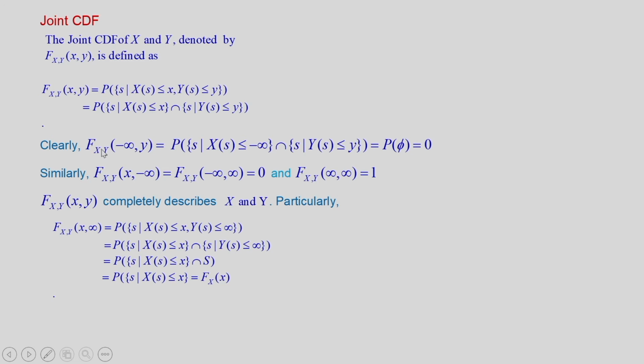So, joint CDF at (minus infinity, y) is equal to 0. Similarly, joint CDF at (x, minus infinity) equals joint CDF at (minus infinity, minus infinity) equals 0. Also, we can show that joint CDF at (infinity, infinity) is equal to 1.